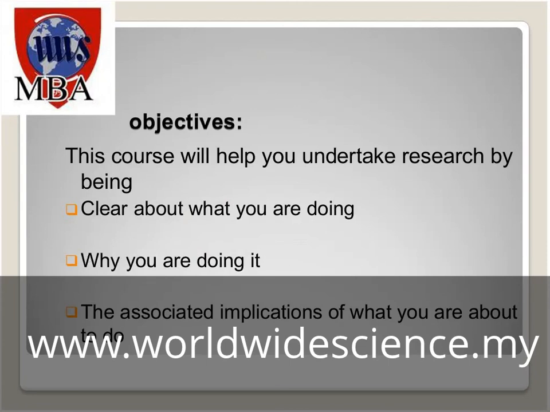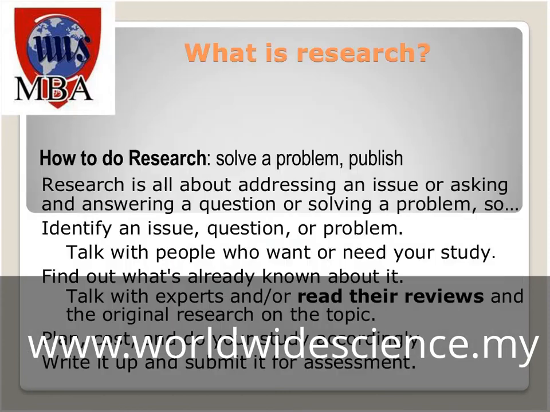The objective of this class, as I told you, is to help you undertake research by being clear about what you are doing, why you are doing it, and the associated implications of what you are about to do. So you should be very clear about that. What do you want to do? What research do you want to do? And why do you want to do this research? It is very important.